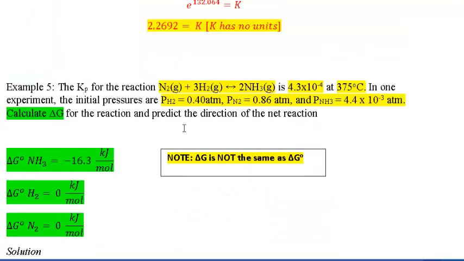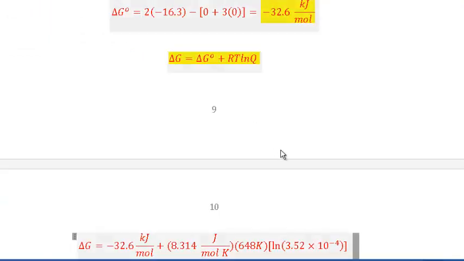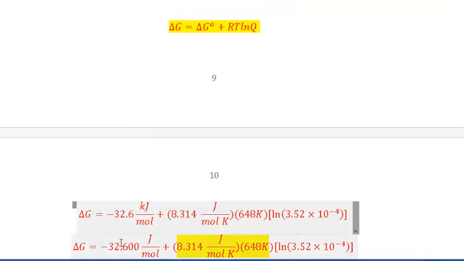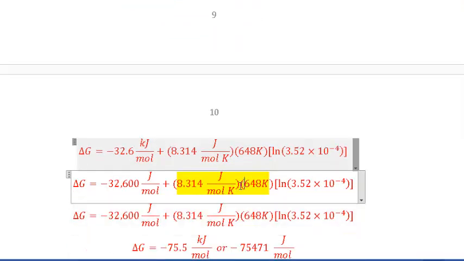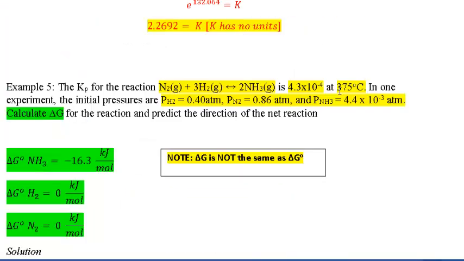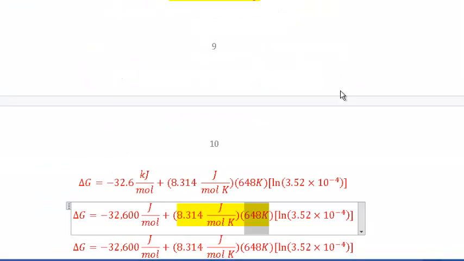Now let's figure out the delta G under these conditions. The important thing to recognize is to convert this to joules per mole. So I did that here. That's joules per mole, minus 32,600 joules per mole. Here's your R. Our T value here is 648 Kelvin. So our temperature, we'll add 273.